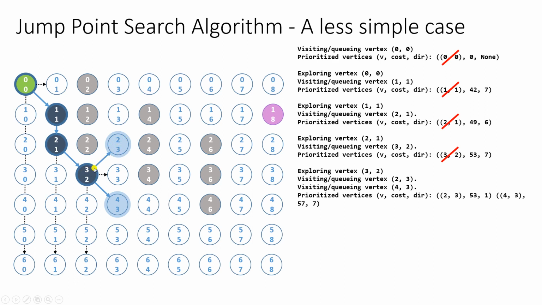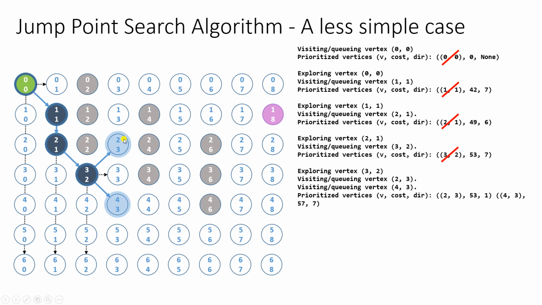Because every time we go diagonally, as we did from 3, 2 to 2, 3, remember, we are just exploring, we don't know anything yet. We are exploring, and now we are trying to go further diagonally from 2, 3. We are always trying to preserve our previous direction, but before we continue going diagonally, we have to check horizontally and vertically if there's anything interesting. This is specifically important for diagonal movement. It doesn't apply to horizontal or vertical moves.